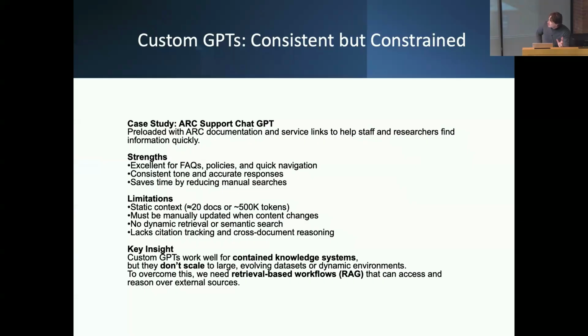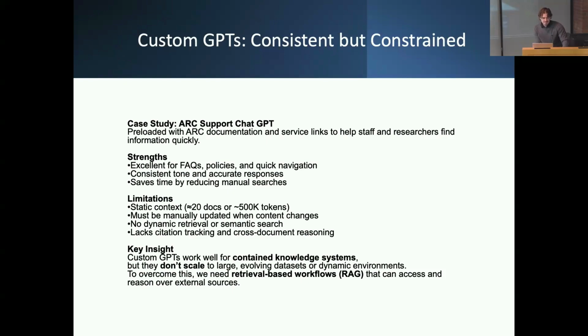So going back to section 1, we saw that custom GPTs were actually very consistent. In my experience, they're good enough to get the majority of the work done, but there's still constraints, and that's because they have limitations such as only being able to have 20 resources for custom GPTs.